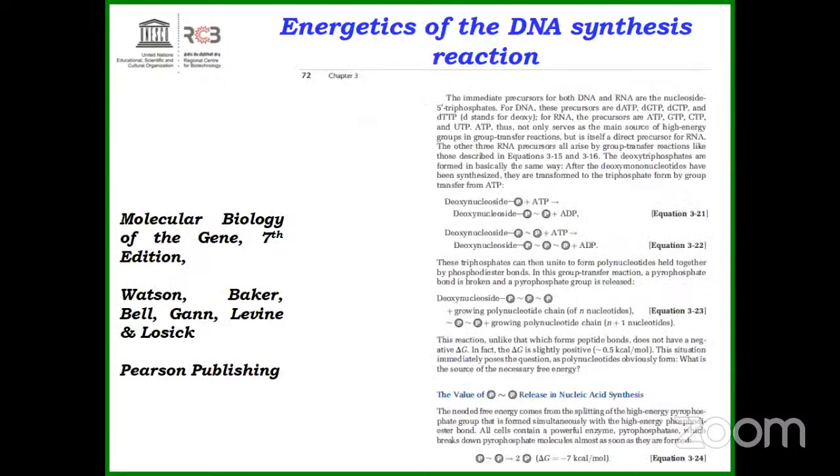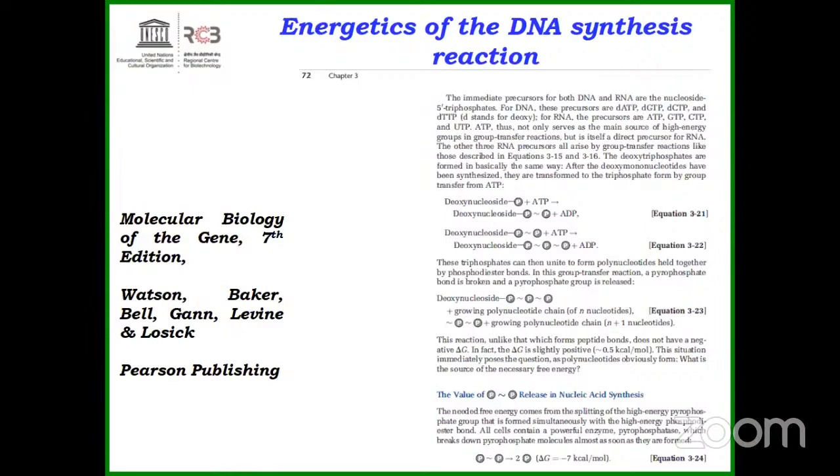Now, if you look at these textbooks, they'll tell you that one bond is broken and one bond is formed. So the free energy change during the DNA synthesis reaction is close to zero. When you have a free energy change close to zero, the forward reaction, that is synthesis of the bond, as well as the reverse reaction, which is breaking of the bond, will have equal probability.